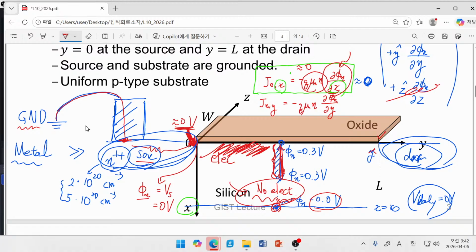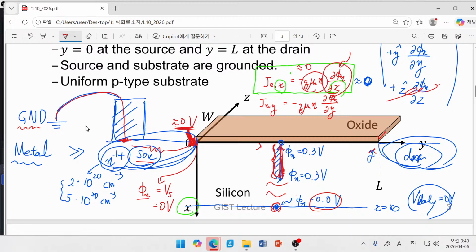One is the highly populated electron part, and the other is the lowly populated electron part. In the highly populated one, you should have constancy of the electron quasi-Fermi potential. But beyond that point, you have freedom to have a varying electron quasi-Fermi potential. So where can you find a drop of this electron quasi-Fermi potential? Yes, somewhere between this deep substrate and the channel region, you have a change of electron quasi-Fermi potential.